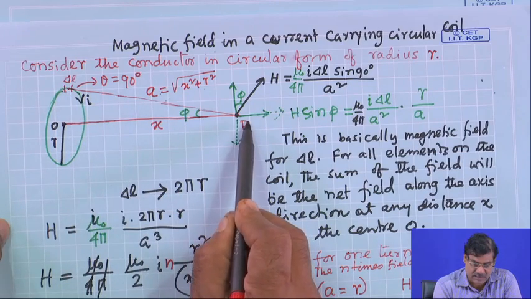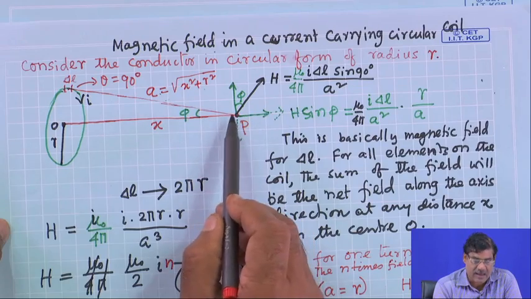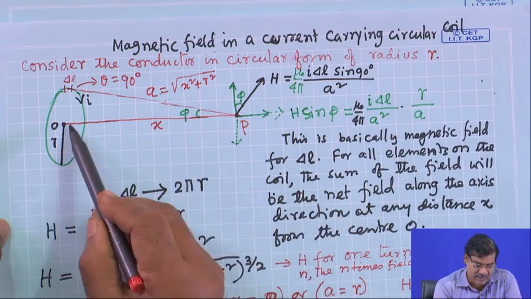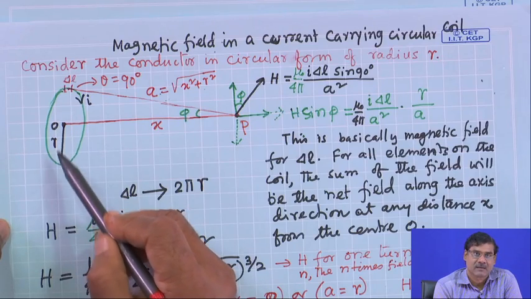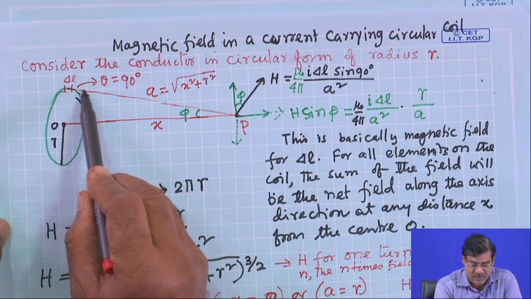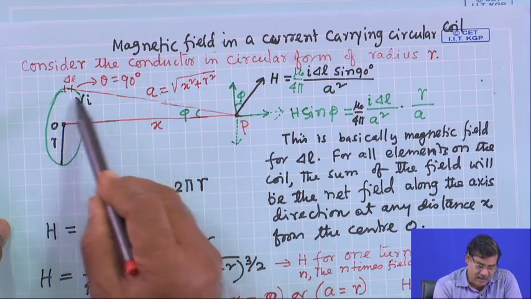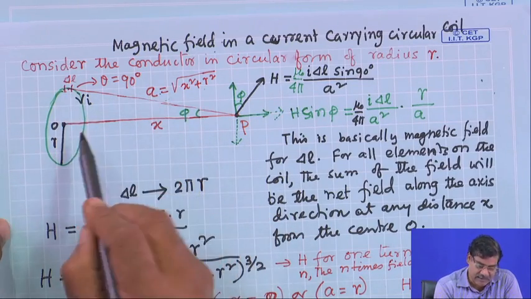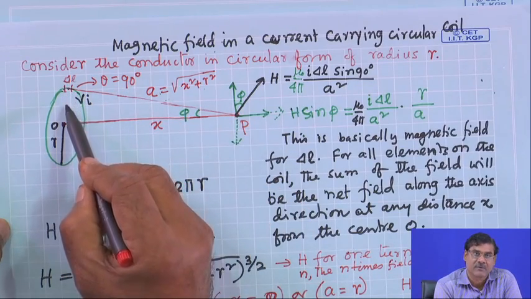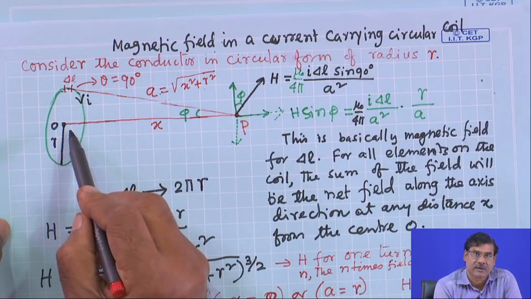So, earlier in this formula we took r, but here the radius of the circular coil we have taken as r. That is why we have taken this A, right. Now, this is r and this is x. These are perpendicular, this x and this r are perpendicular.